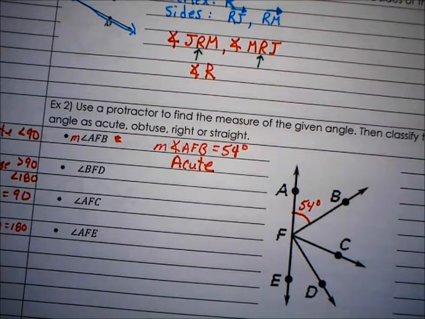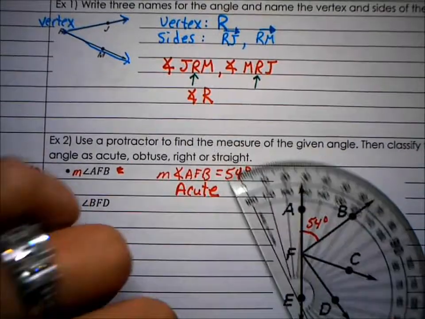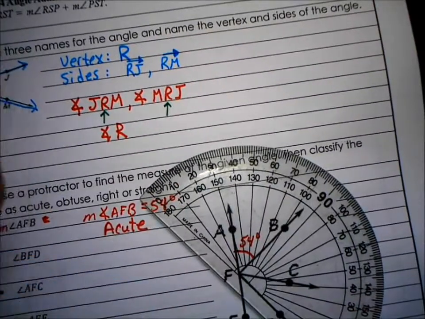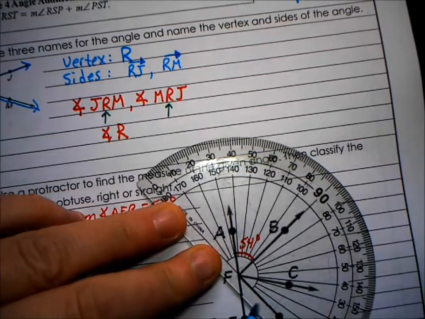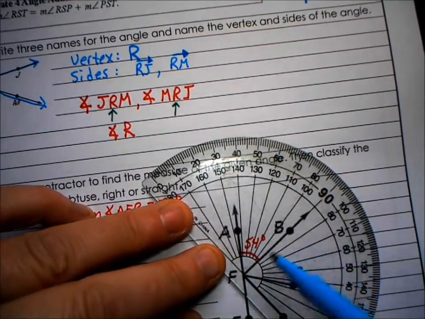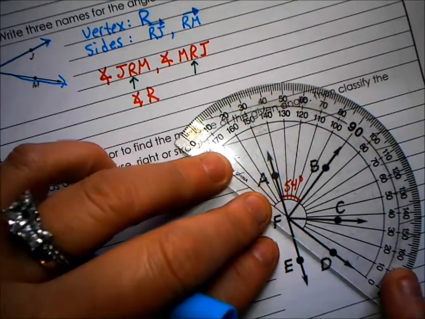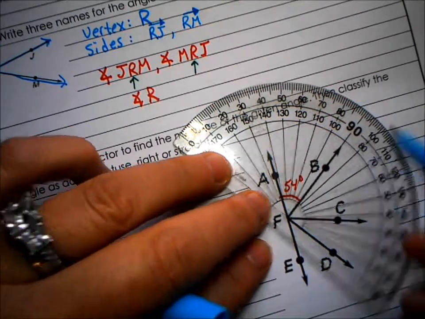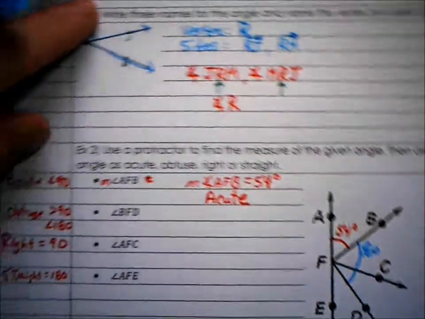Alright, if I go back to my picture, and now for the second one, it has BFD. BFD is inside, it's not even on the line AFE. So I'm going to line my protractor up along FD on the bottom and FB up through the protractor, and this one is a nice one because if I look at it right, from here to here shows to be actually 90 degrees.